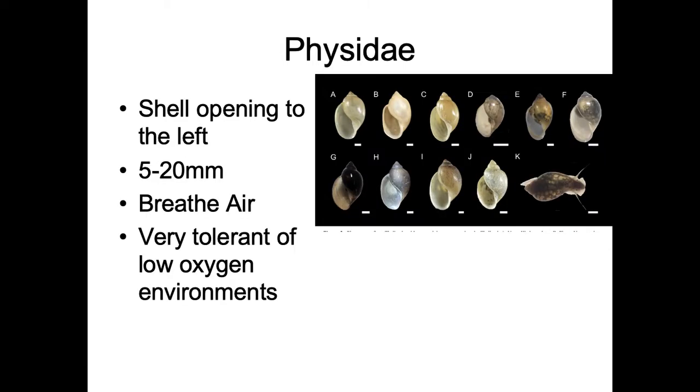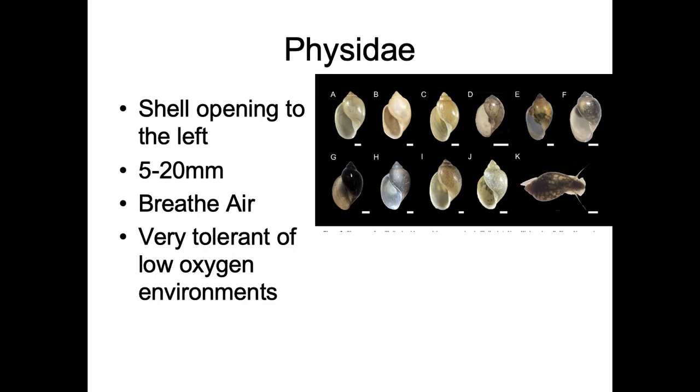Physidae is the one that has the opening to the left. So when you get your snail, point it upward if you had it in your actual hand, but all of my pictures will be looking like this so that you can figure out which one is which. So the opening is on the left here. They're 5 to 20 millimeters, so not as variable in size as Limnaeidae, but they do have lungs. They can breathe air. This makes them very tolerant of low oxygen environments because they don't have to rely on the oxygen in the water.